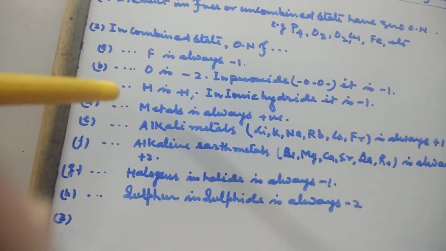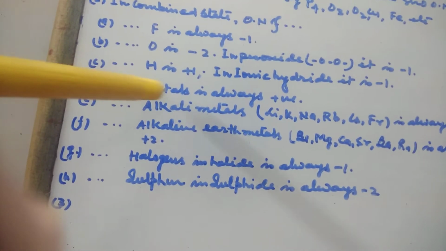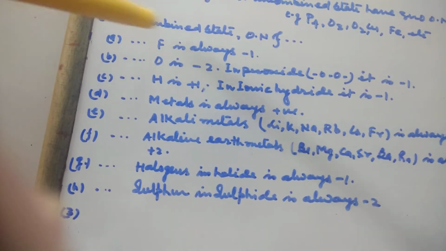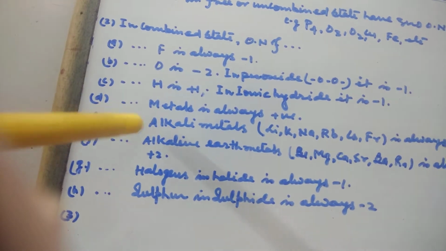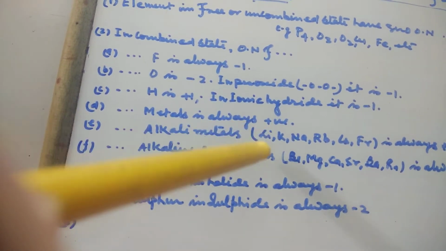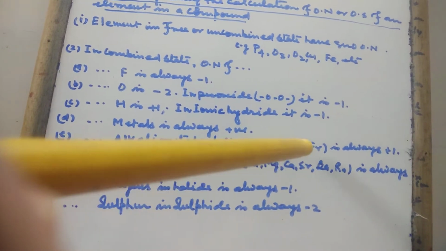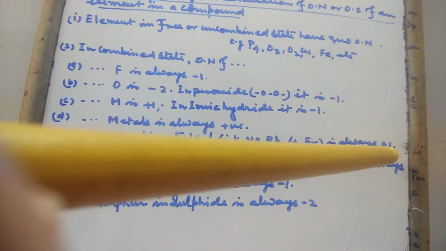In combined state, the oxidation number of a metal is always positive. The oxidation number of alkali metals, lithium, potassium, sodium, rubidium, cesium, and francium, is always +1.